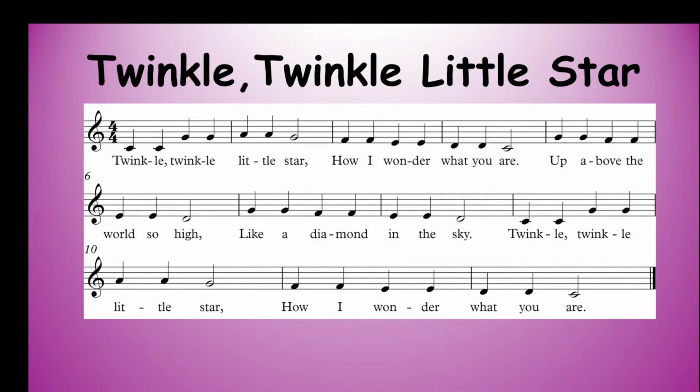I played that at the beginning, and here it is written down using treble clef notation. If you have a keyboard, you could have a go at learning how to play this yourself, but you can see that we've also got the words written down because it is a song, and every single one of you, wherever you are, has got a musical instrument with you, and it's your voice.